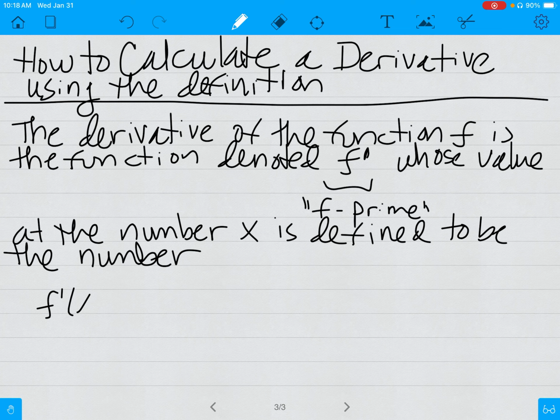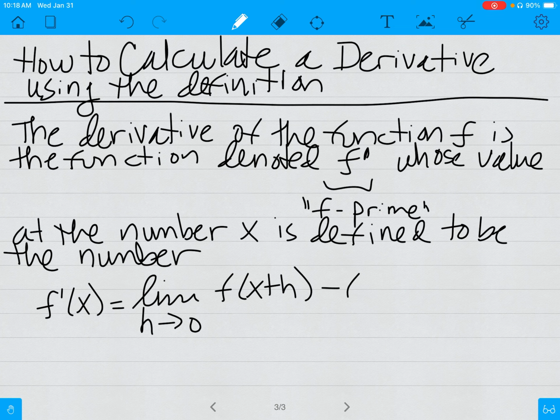F prime of x is equal to the limit as h approaches 0 of f of x plus h minus f of x all over h. And then here's the key, provided that this limit exists.